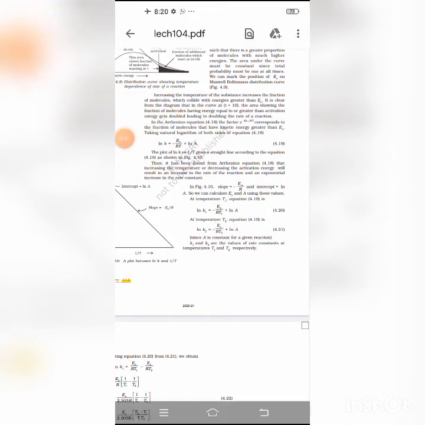Effect of temperature on rate of reaction. Increasing the temperature of the reaction mixture increases the fraction of molecules which collide with energies greater than the EA.